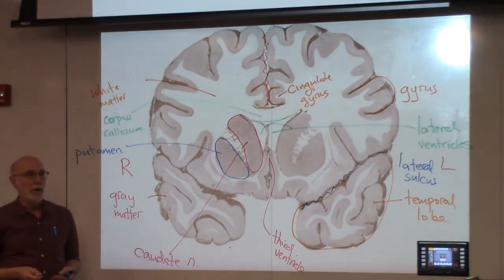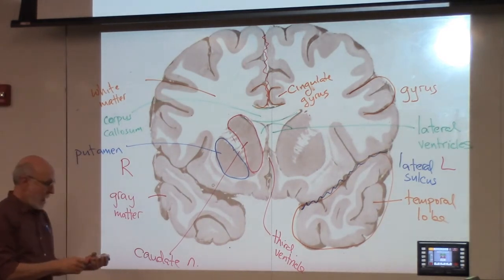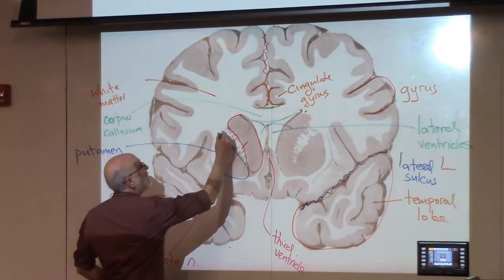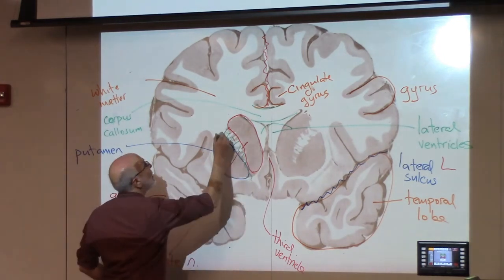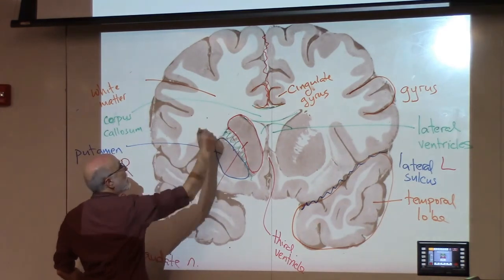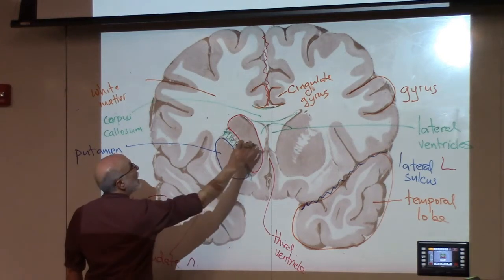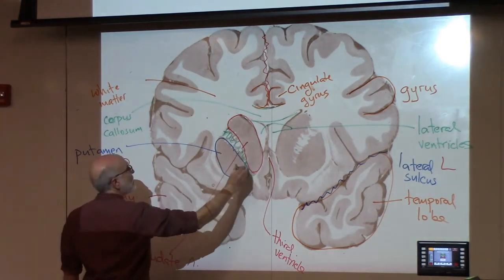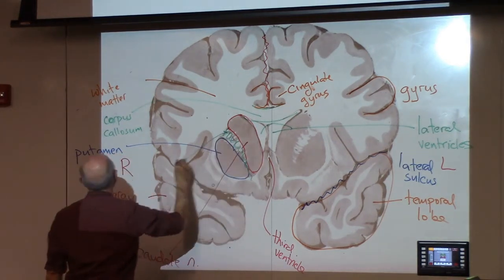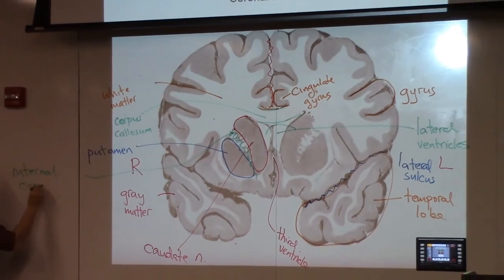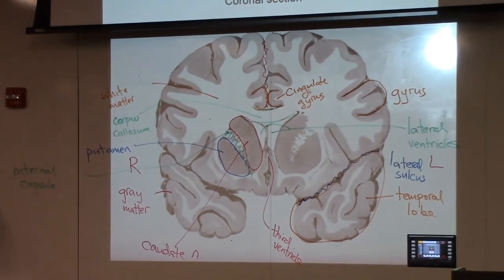So don't label left and right; you're getting two labels. This white matter here has a name. This is generic white matter, but this white matter separating the caudate from the putamen is called the internal capsule. Again, it's part of the motor system.